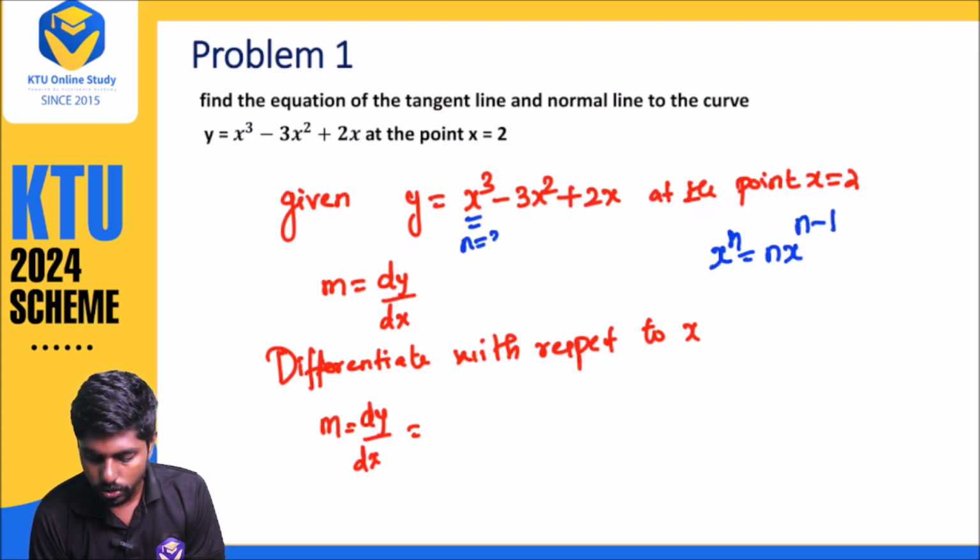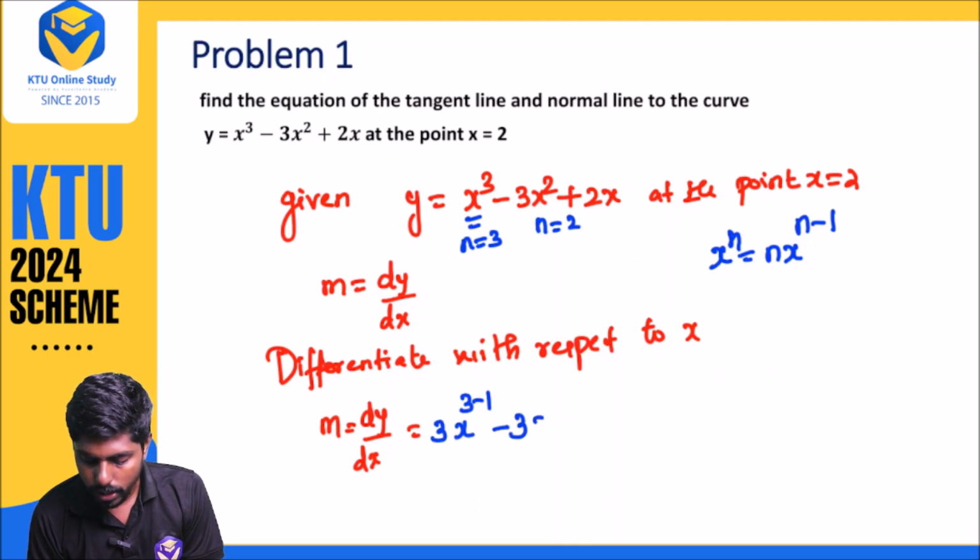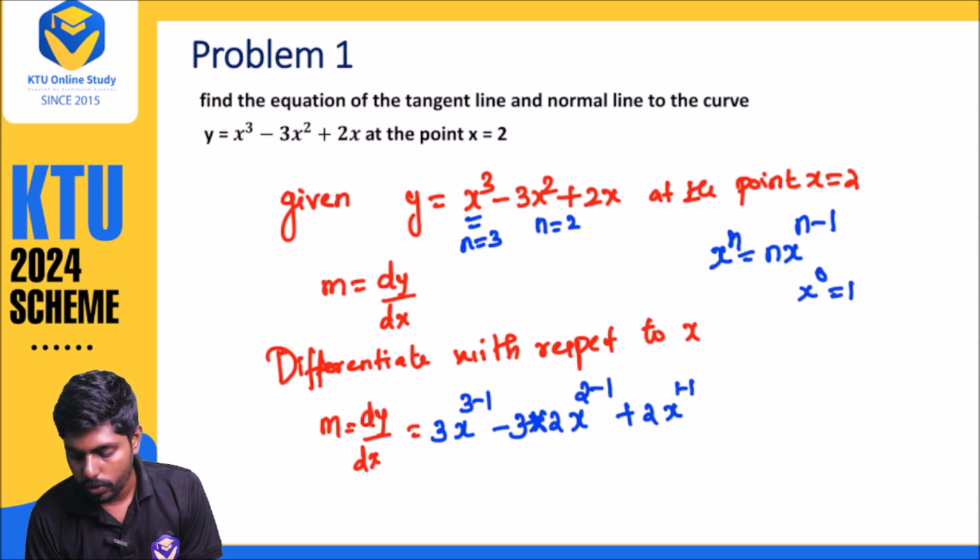Here n equals 3, so it becomes 3 into x power 3 minus 1, which is 3x square. Then minus, with n equal to 2, 3 into 2 is 6, so minus 6 into x power 2 minus 1, which is x. Plus 2 into x power 1 minus 1; x power 0 is nothing but 1.